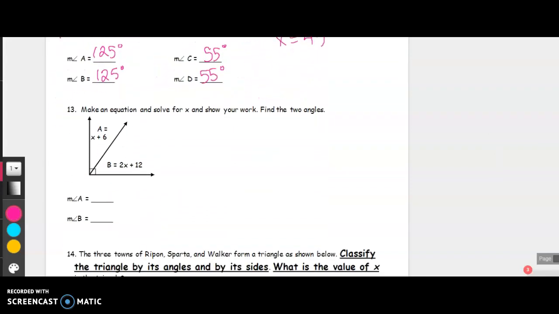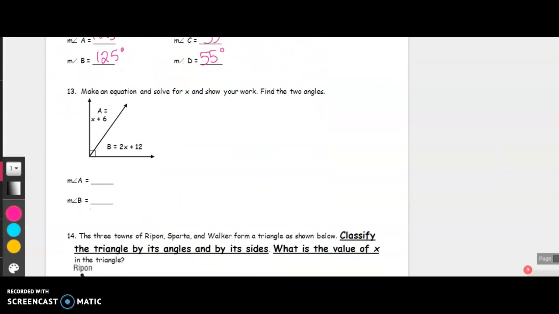Okay, looking at 13. This forms a right angle. So I know that angle A and angle B added together have to equal 90. So I'm taking x plus 6 plus my 2x plus 12, and that all has to equal 90. So I'm going to combine like terms.